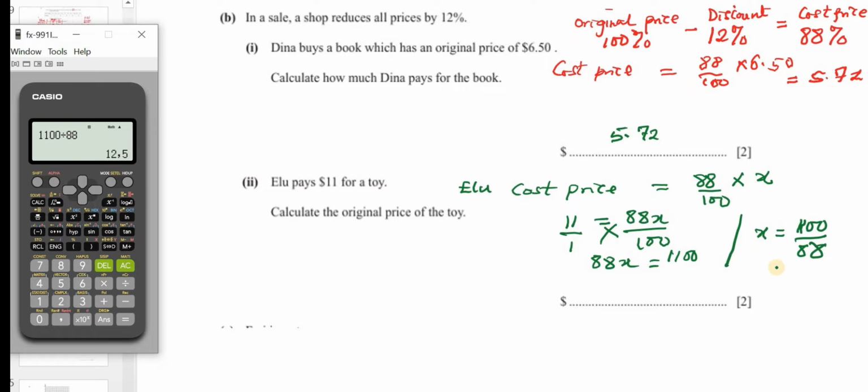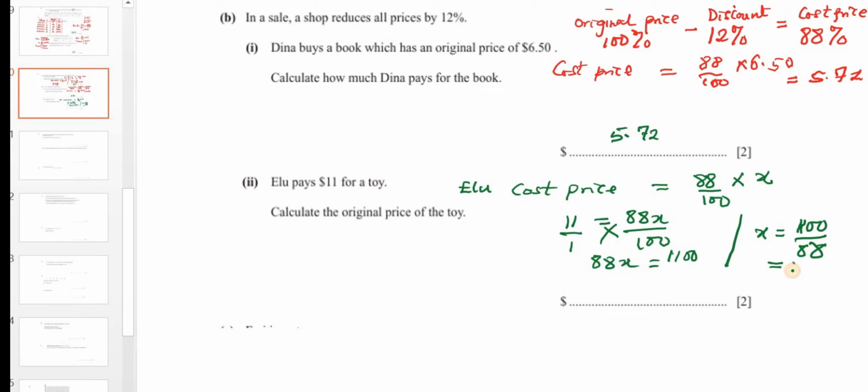So this is 12.5, same thing as 12.50. That's $12.50.